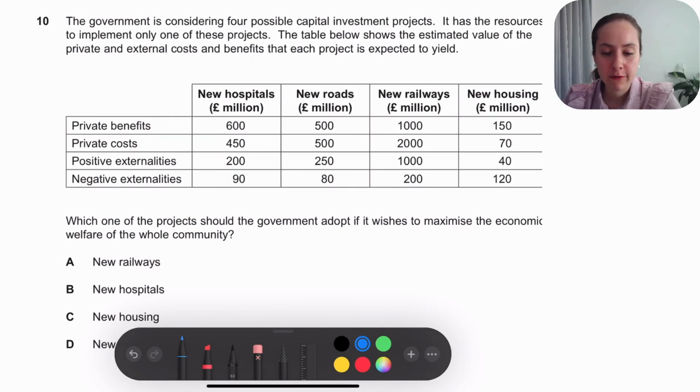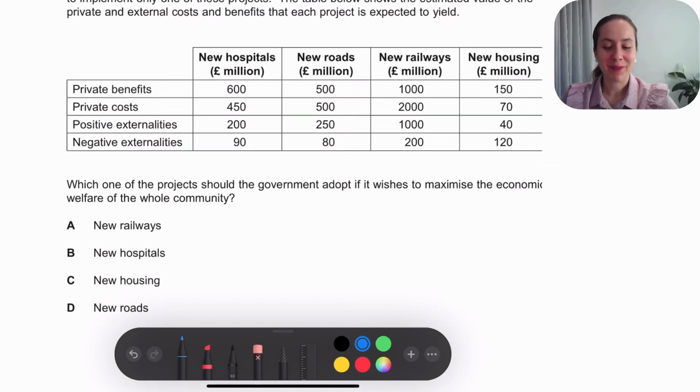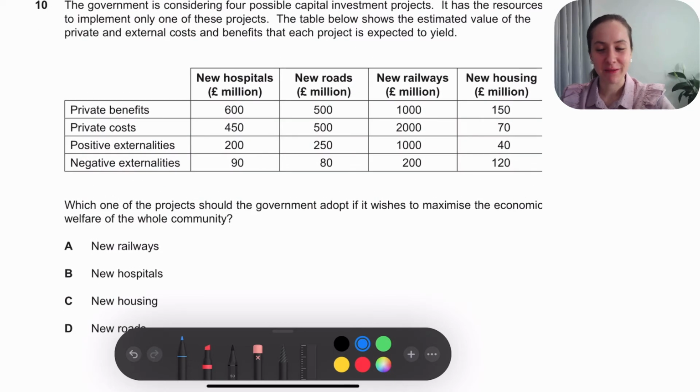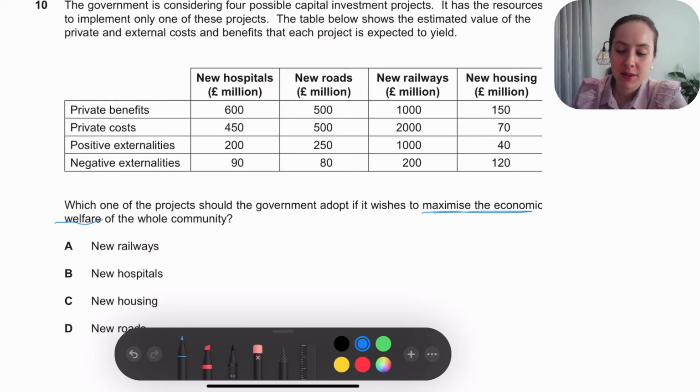Government is considering 4 possible capital investment projects, and we've got the private and external costs and benefits. Okay, difficult question. These ones are getting pretty tough. So to maximize welfare, you just follow one rule.